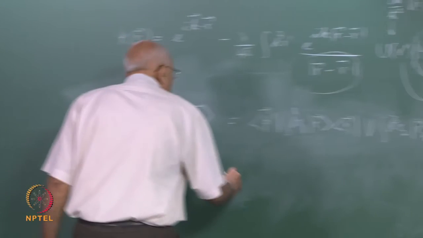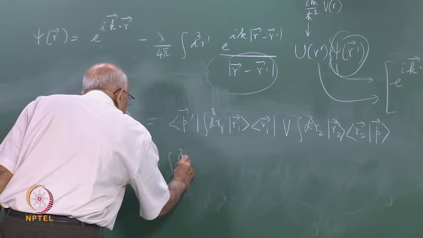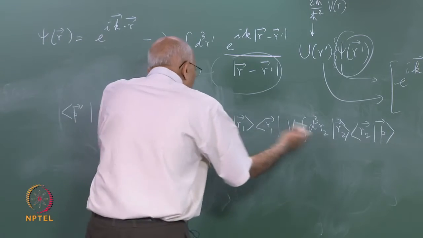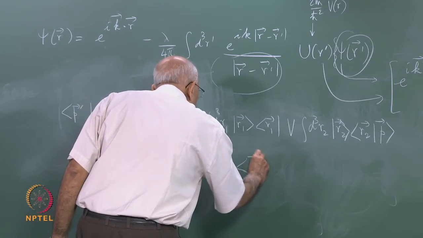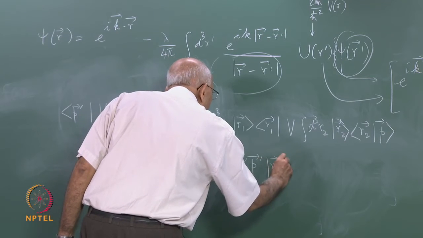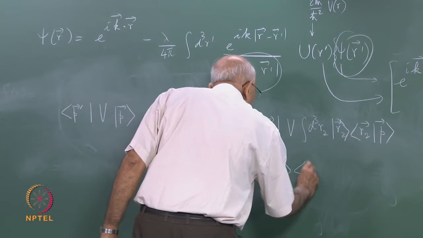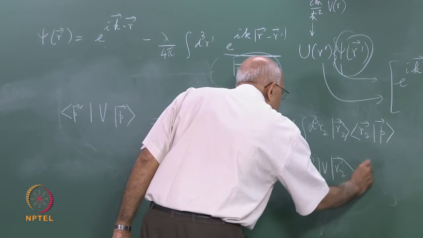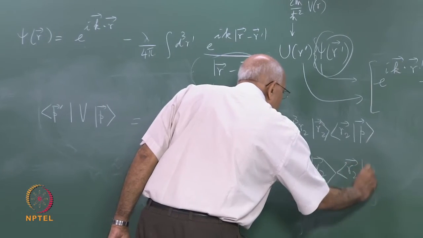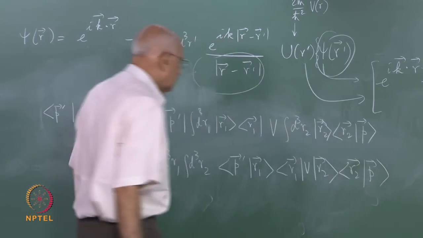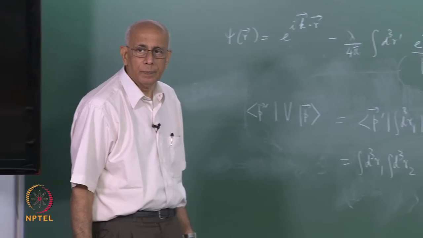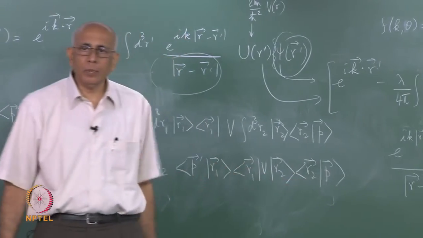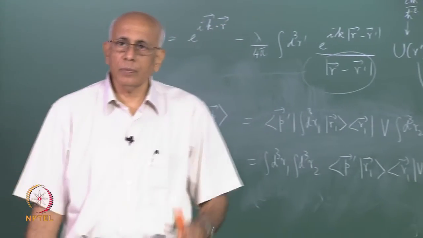What is this equal to? This is equal to integral d3 r1, integral d3 r2, and then let us put all these guys together. This is p prime r1 and then r1 V r2 and then r2 p. But what is this scalar product for a plane wave, for a momentum eigenstate?